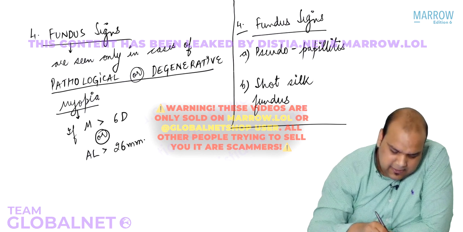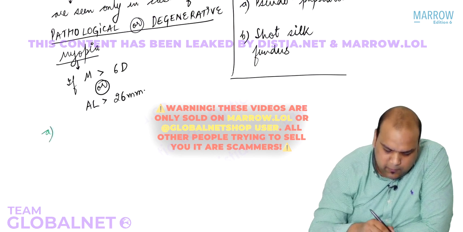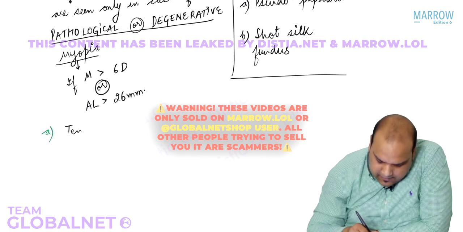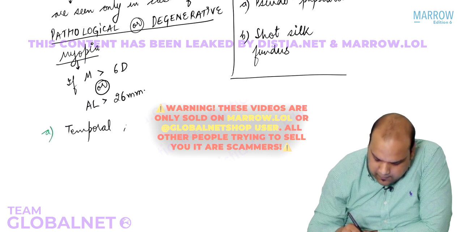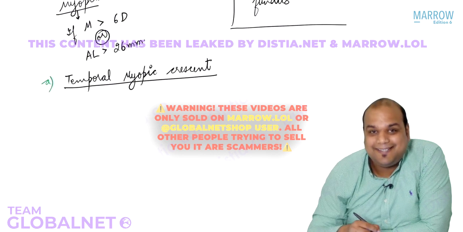Now, let's see what will be the signs, everybody. So what are the fundus signs of myopia, everybody? A. The first sign that we see is temporal myopic crescent. Temporal myopic crescent.